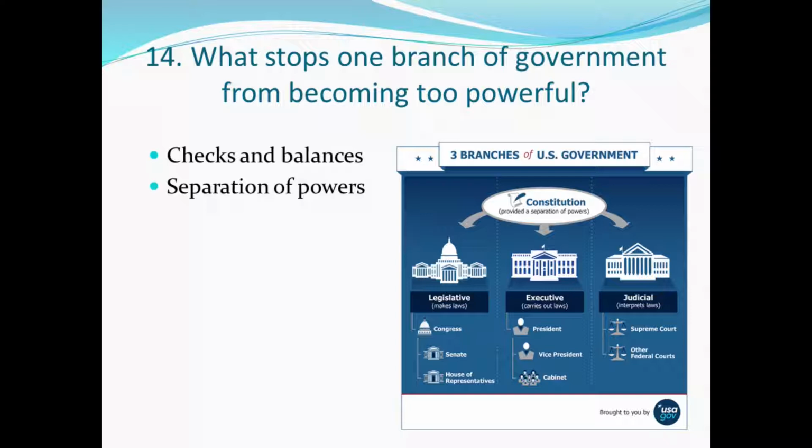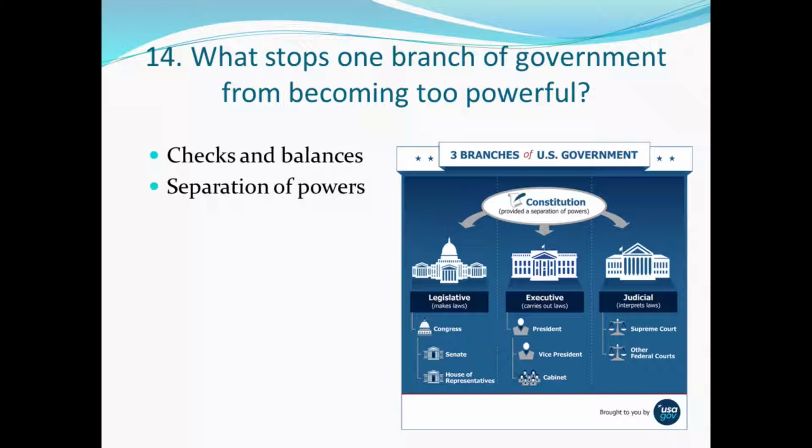Now, in the previous questions, we talked about the judicial, the executive, the legislative branch. So let's go into that in a little more detail. If you look at the picture on this slide, you'll see legislative, executive, and judicial. Underneath that, you'll see Congress, President, and Supreme Court.